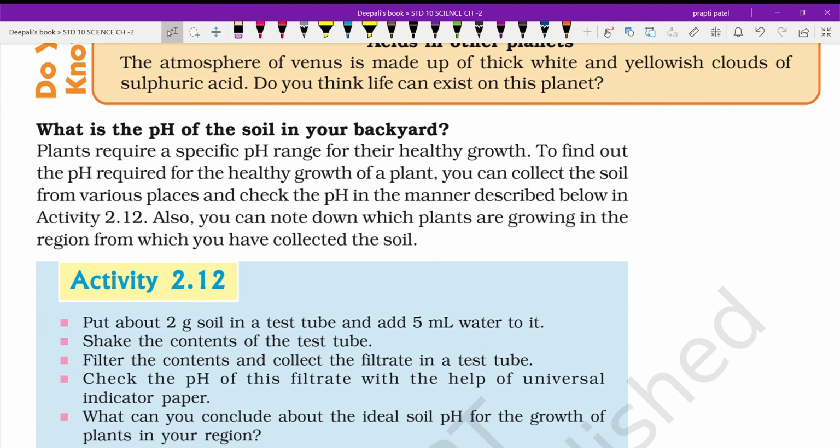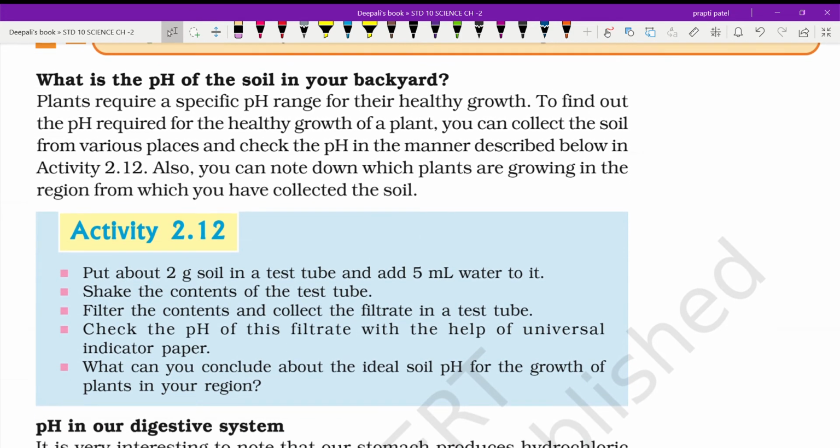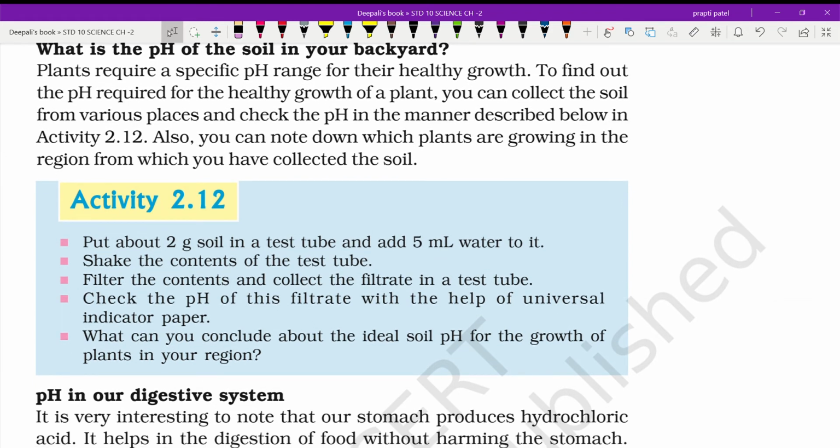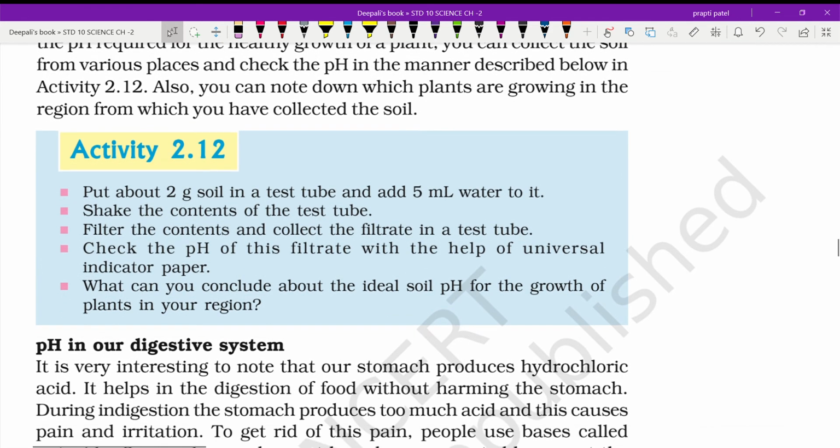Also, you can note down the plants growing in the region from which you have collected. You will see that the pH of the soil is generally from 6.5 to 7.3, and it is a good pH. The farmers add lime, Ca(OH)2, to acidic soil to neutralize it, while to neutralize basic soil they add gypsum, CaSO4·2H2O.